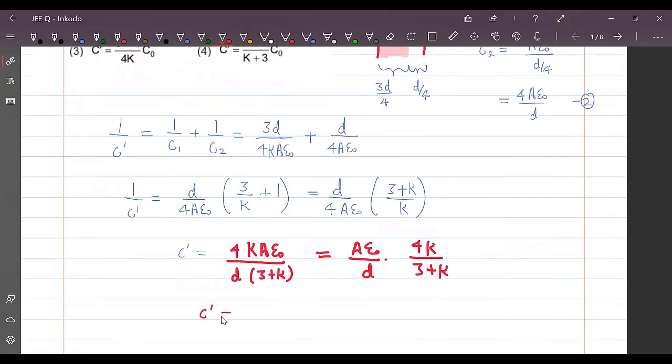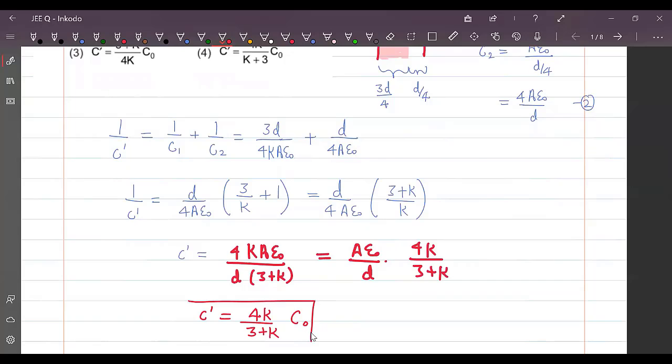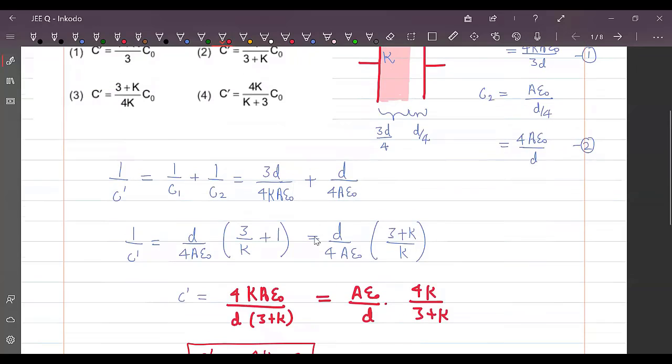So final C dash can be written as 4K by 3 plus K into C naught. This will be the final answer, 4K upon 3 plus K C naught. So the fourth option will be the correct option.